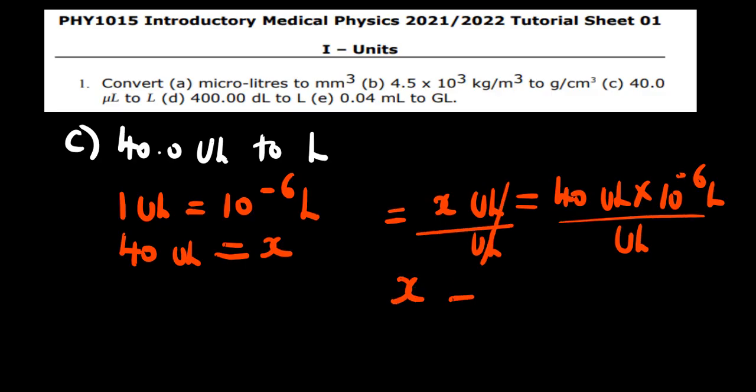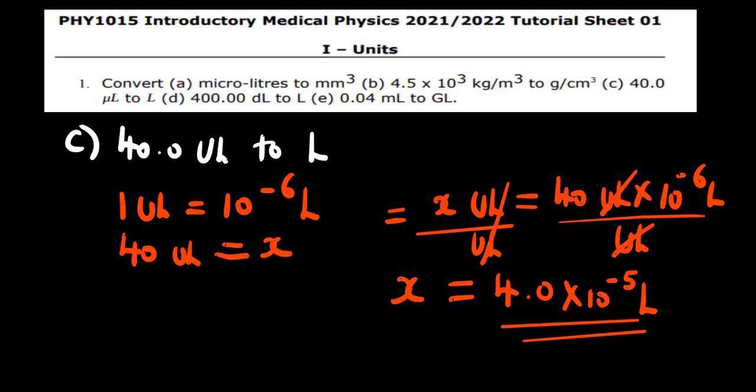I'm just going to remain with x equal to 40 multiplied by 10 to the power negative 6, and the point is just going to move one step ahead. The 0 is going to go, so you're going to have 4.0 times 10 to the power, instead of negative 6, now we have negative 5 liters. So this will be your final answer. Okay, let's solve another one.